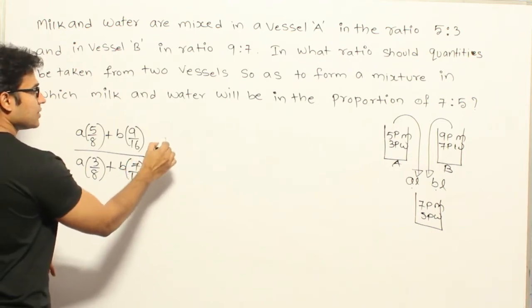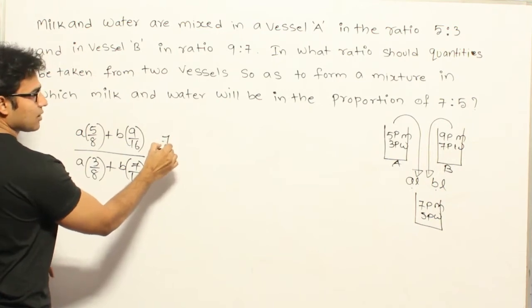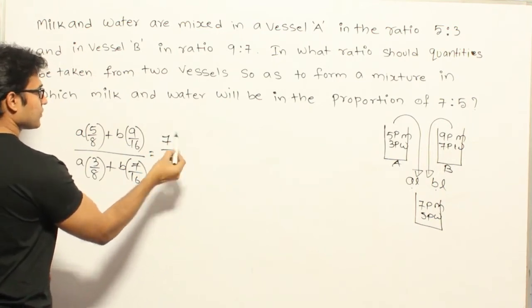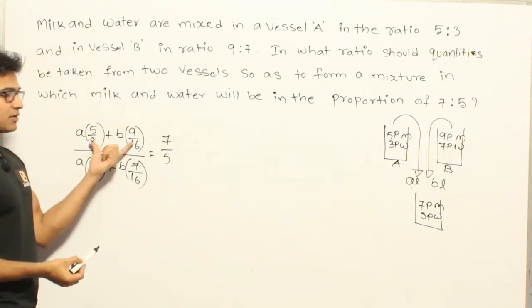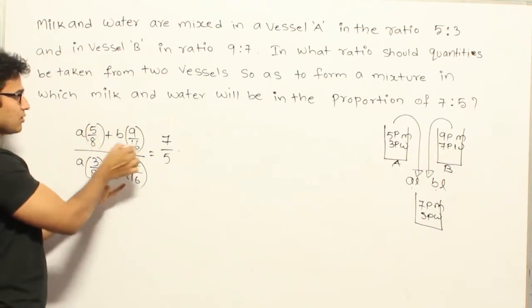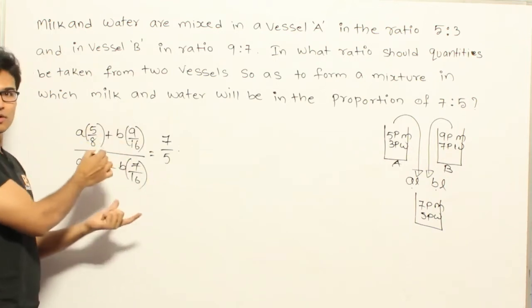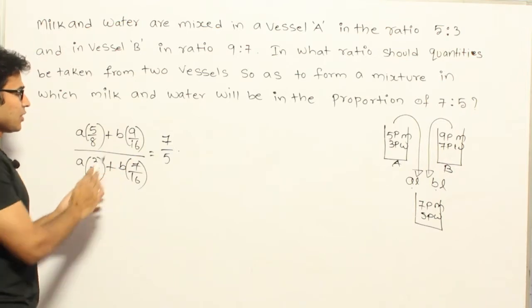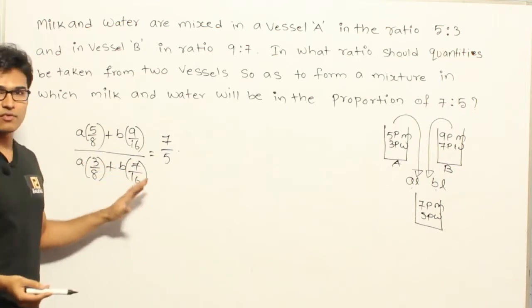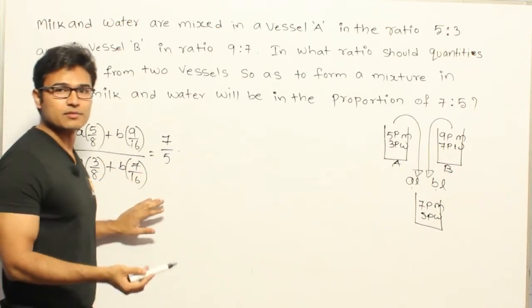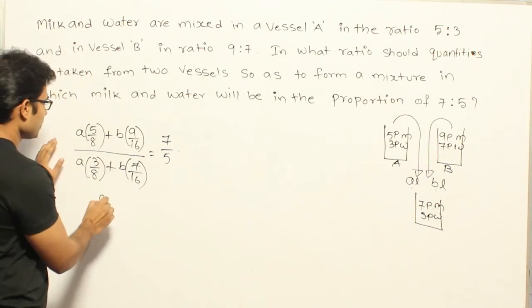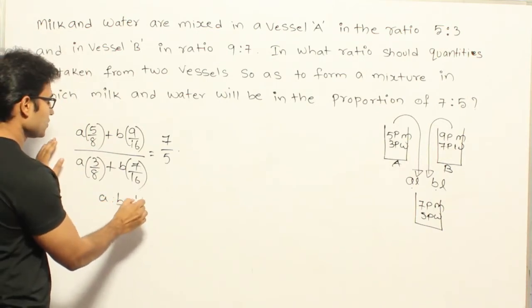Now they have given that milk to water equals 7:5. Are you getting this? In the final mixture, this is going to be the milk and this is going to be the water. It is going to be 7:5. Now you can apply cross multiplication and find the ratio between A and B. If you solve it, you are supposed to get A to B equal to 1:2.